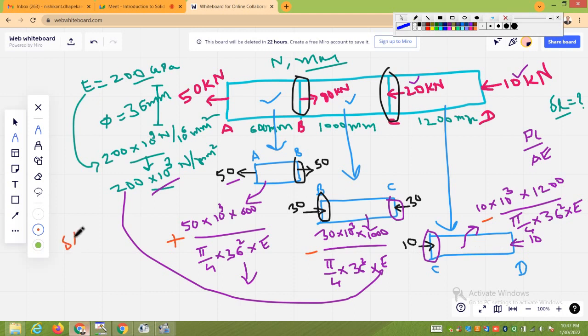So net change in length delta L will be equal to change in length for the portion AB minus change in length for the portion BC minus change in length for this portion CD.